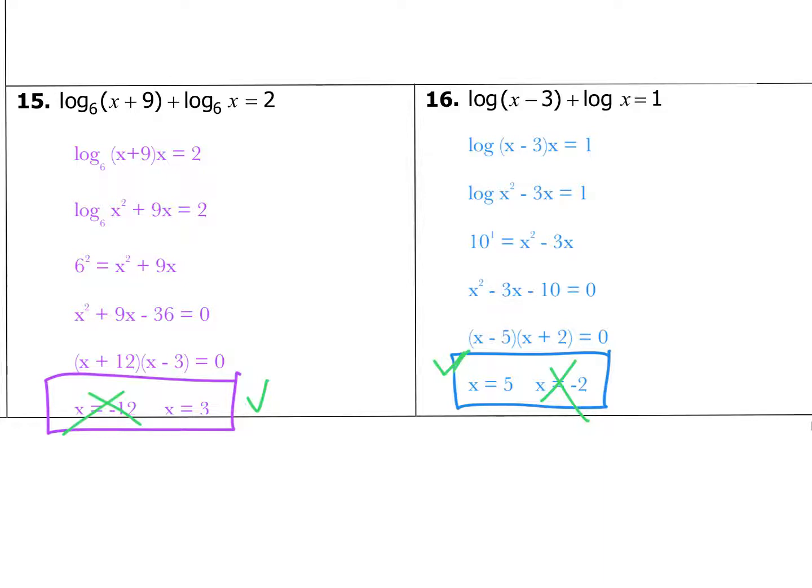So 10 to the first equals x squared minus 3x. 10 to the first is 10, so I subtracted it because this is a quadratic, to set it equal to 0. And so I have the factors of 10 that subtract to be 3. Well, negative 5 times 2 gives me negative 10, and negative 5 plus 2 gives me negative 3. So I end up with x equals 5, x equals negative 2, and again, we're able to rule out that negative 2 because I can't have a negative log.